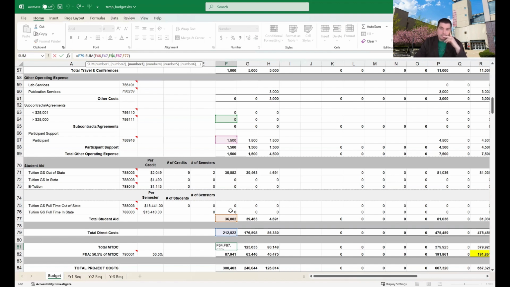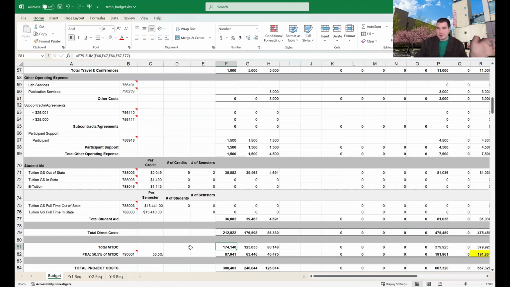You're not going to charge what is called F&A. This is facilities and administration, which really captures the cost of supporting research, right? This is going to be lab electricity, building depreciation, everything like that. This is negotiated with the federal government. This 50.5% number is negotiated with the federal government.